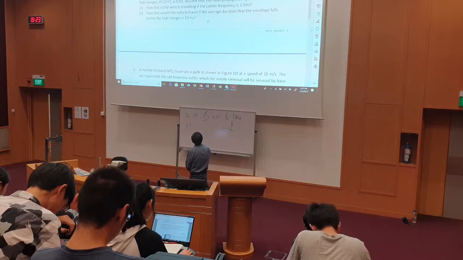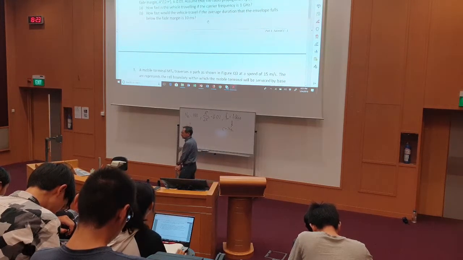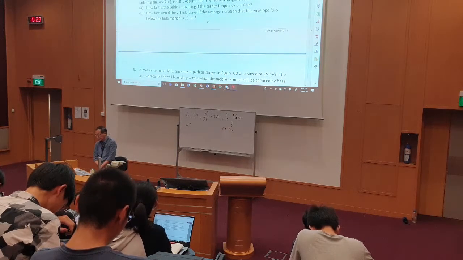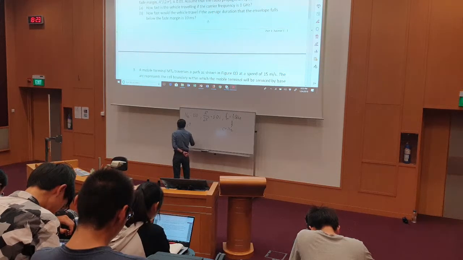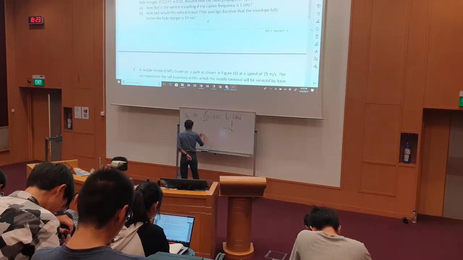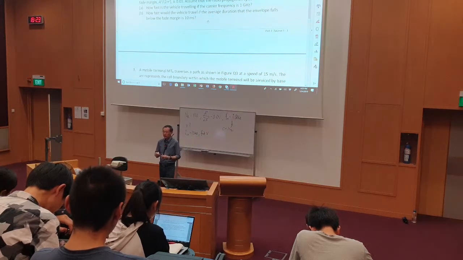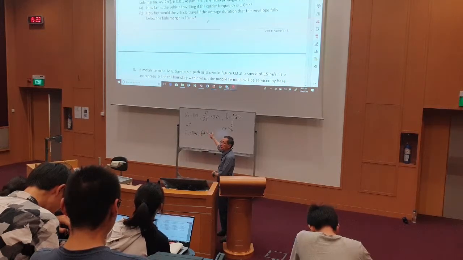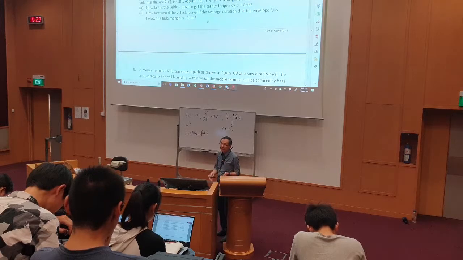Part B, how fast would the vehicle travel if the average duration that the envelope falls below the fade margin is 10 milliseconds? So in other words, he's saying now, if TF is 10 milliseconds, find V. Again, you have the formula for TF. Given that formula, you can find FD.